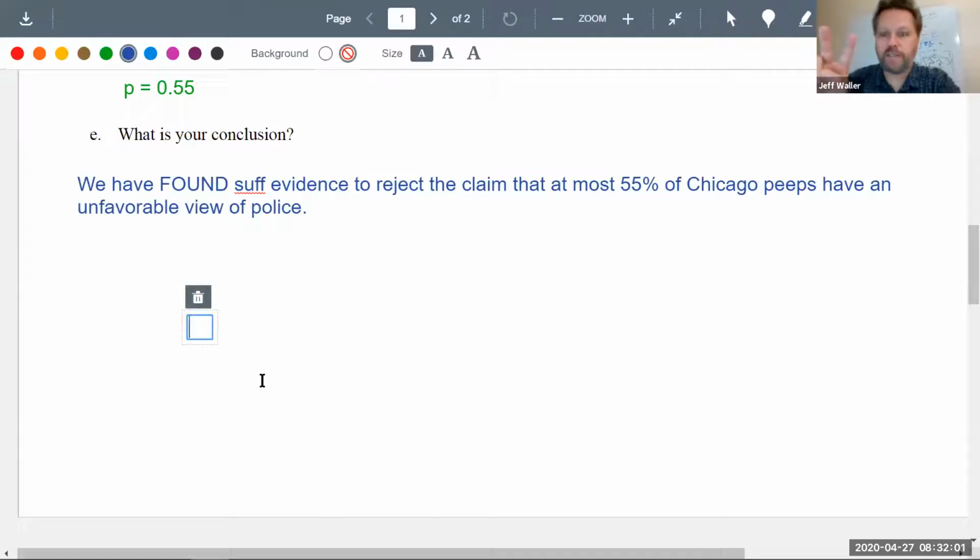There's only two things I could do in a hypothesis test: reject the null or fail to reject the null, right? That's the only two things. So tell me this. If I reject the null, when would that have been a mistake? Rejecting the null is a mistake if what?